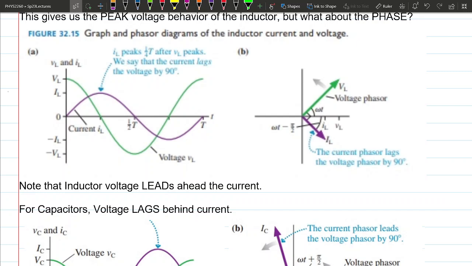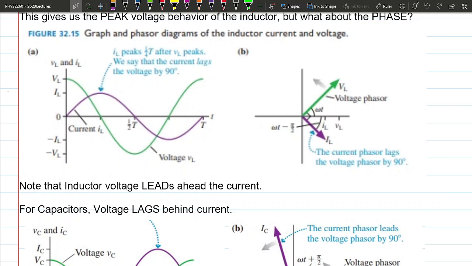And this is where a lot of people get confused. It looks as if the voltage is behind the current, because the green is kind of following behind there.